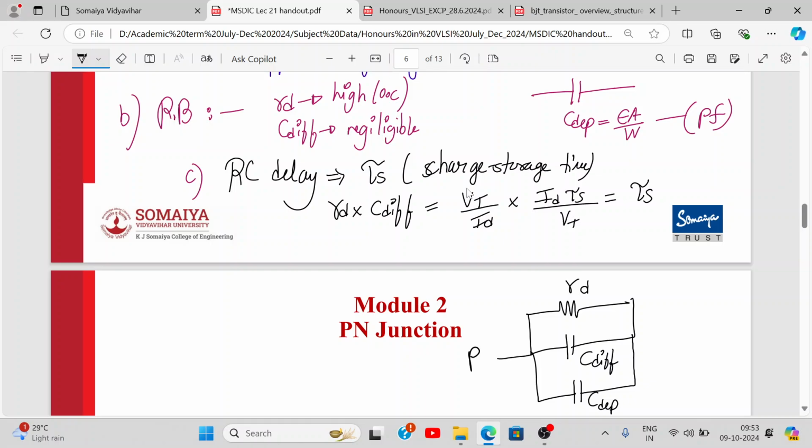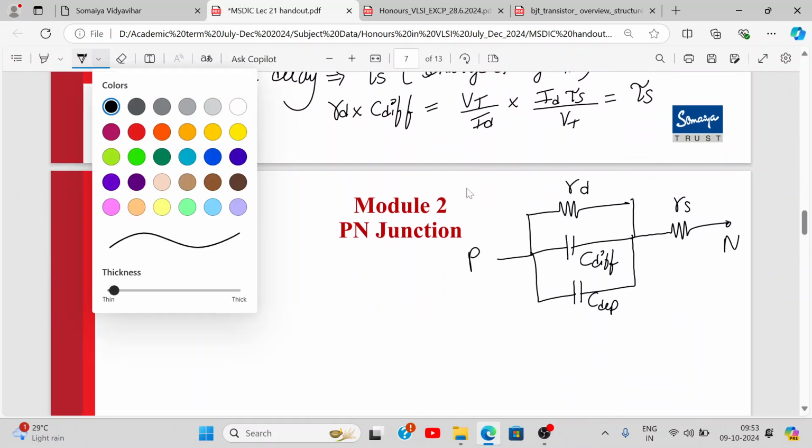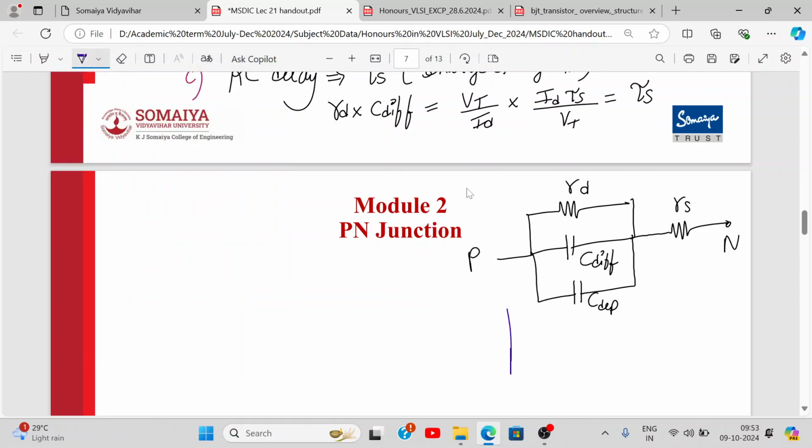This is the P region. Now we also have to represent that series resistance. Series resistance will not come in parallel, it will come in series. That RS is there, na? Neutral region resistance. So this is the applied voltage. Applied voltage will be across this junction.